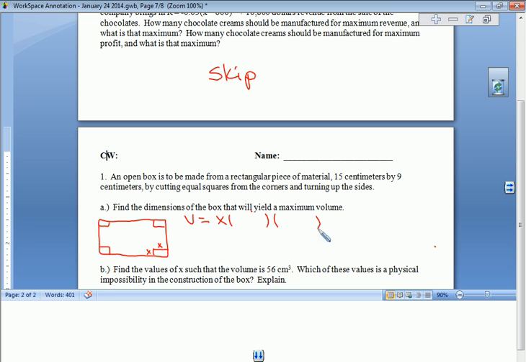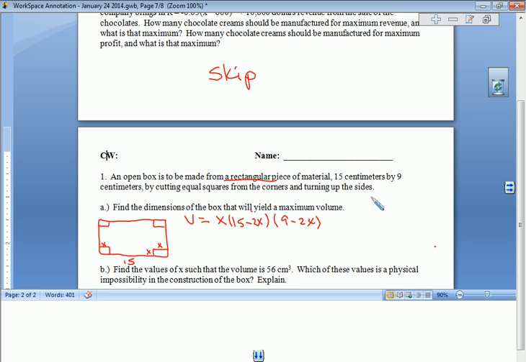It's 15 minus 2x, because if this is 15, there's an x at this end and an x at that end. And then 9 minus 2x. Okay, yes, this one said rectangle.